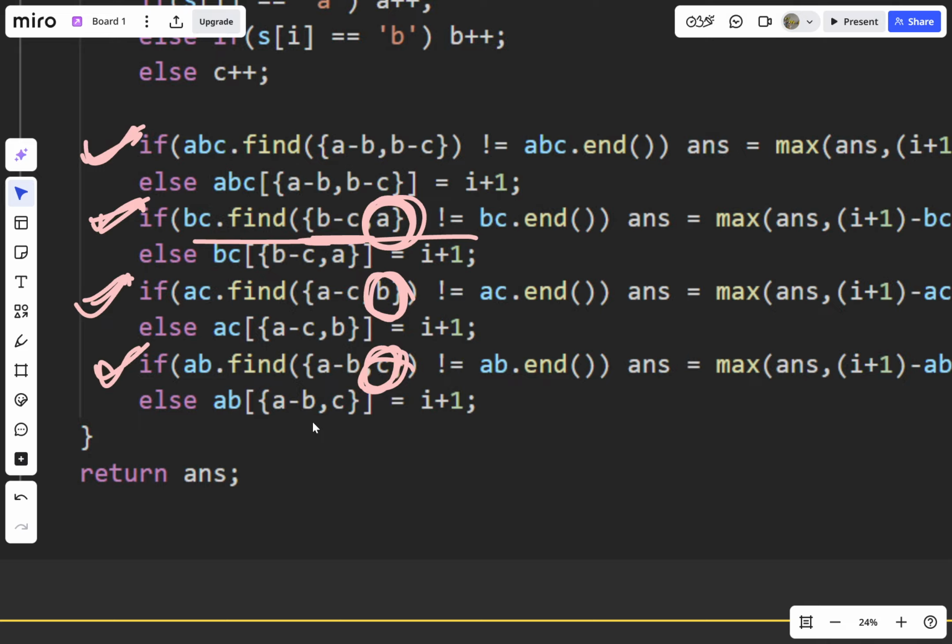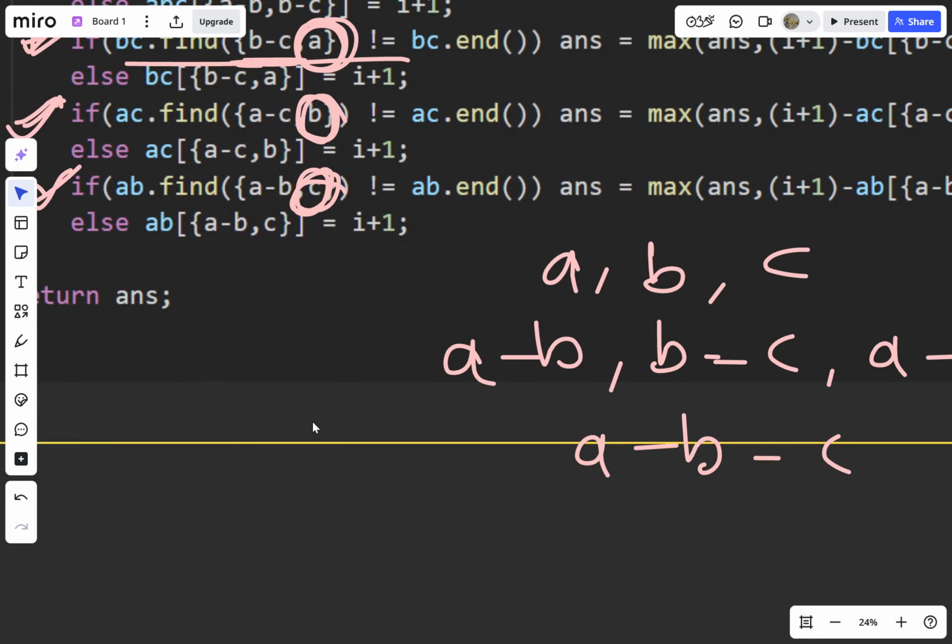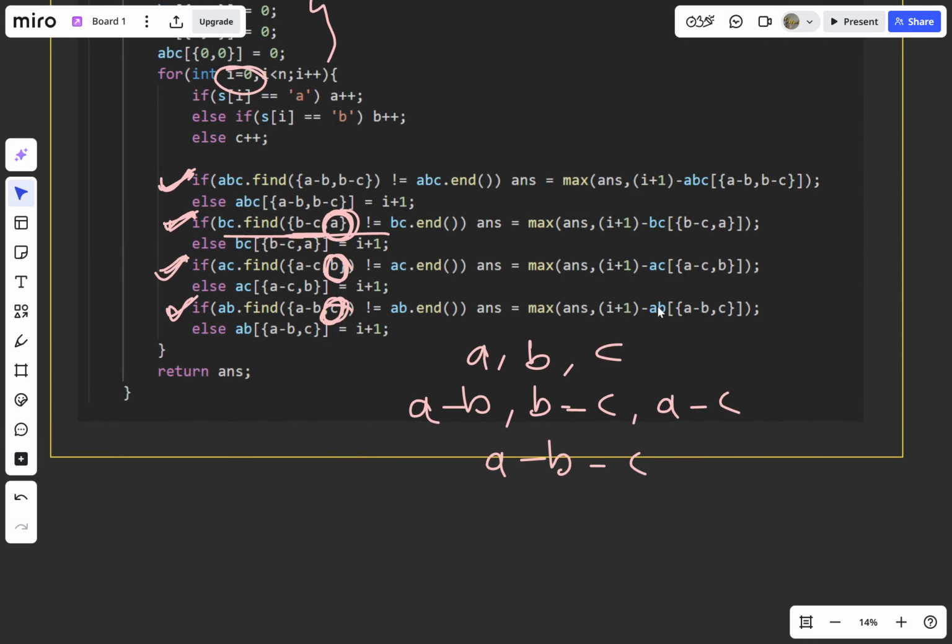In this way we will count the longest substring containing A, B and C, the substring which contains A or B or C, or A, B or B, C and A, C and A, B and C. After maximizing our answer, we will return it, as simple as that.